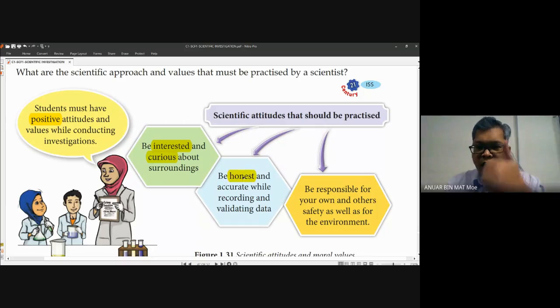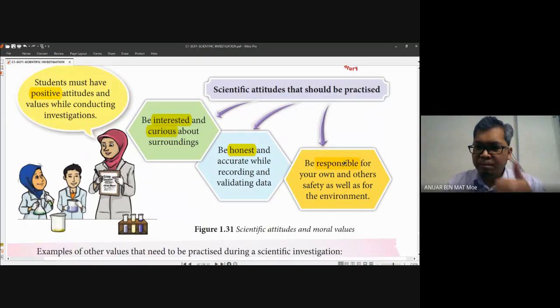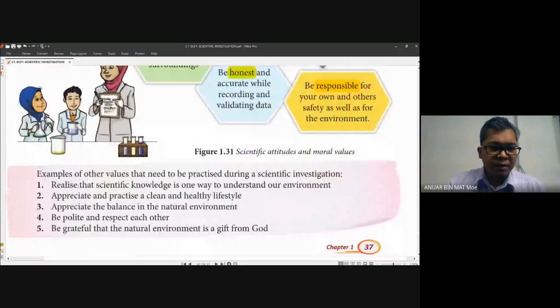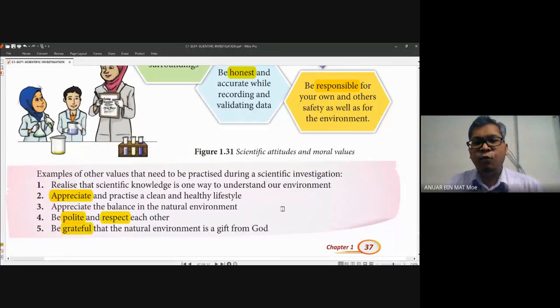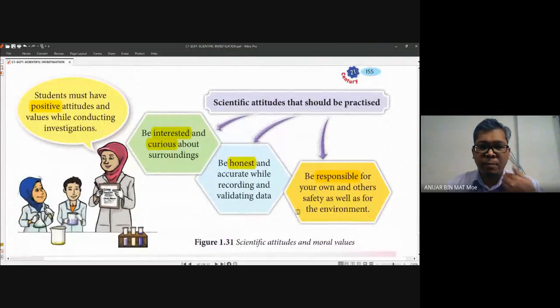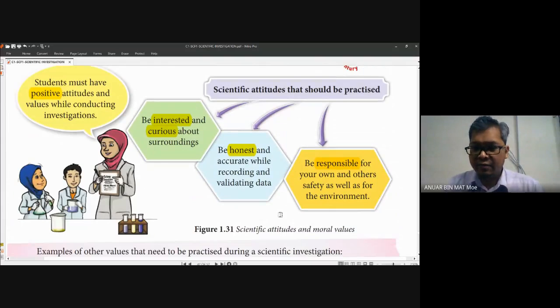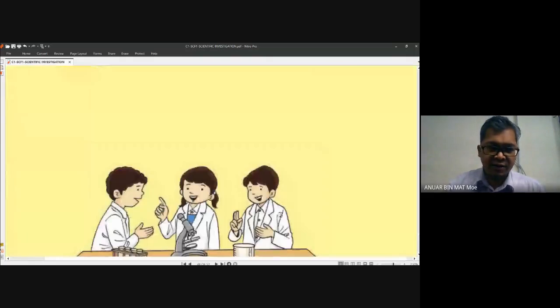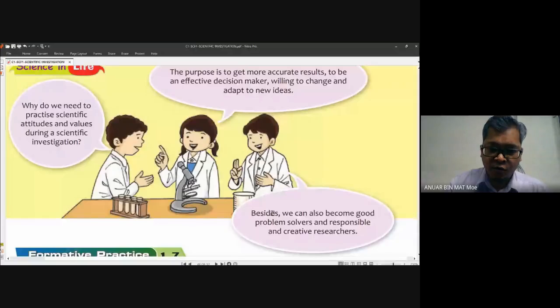Curious, honest, responsible, and what else? Appreciate the environment. You appreciate our body, and then polite, respect each other, grateful. This is example of the noble values towards experimenting in science. This one 1.7, very easy one, right? And then you can read it for yourself.